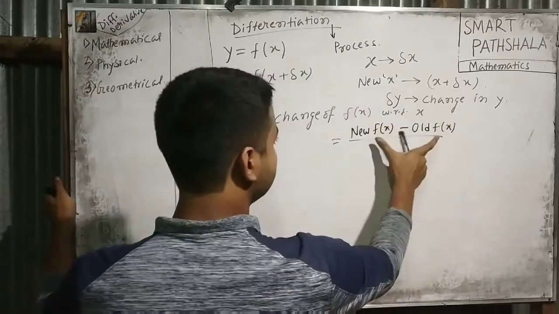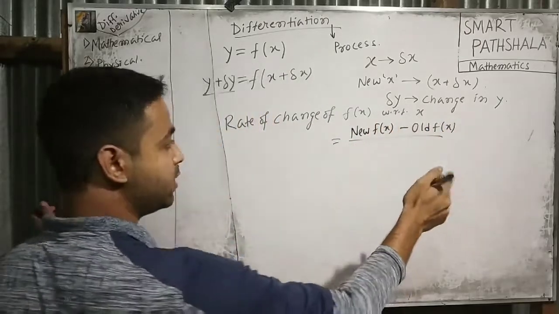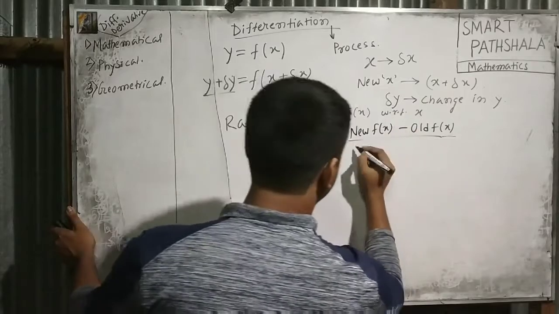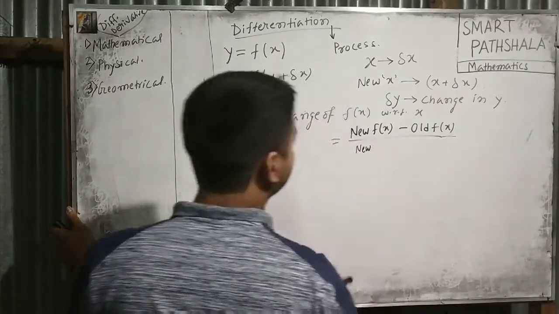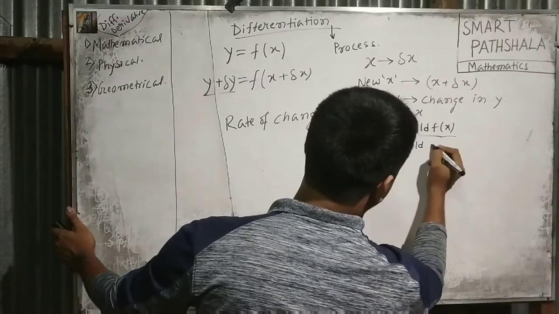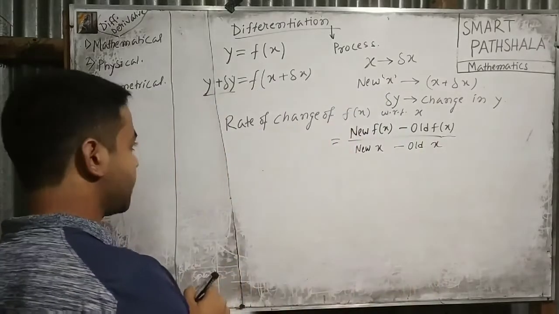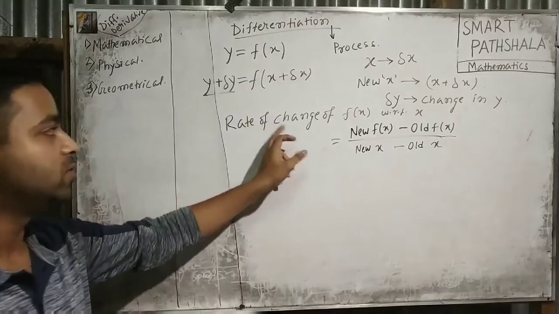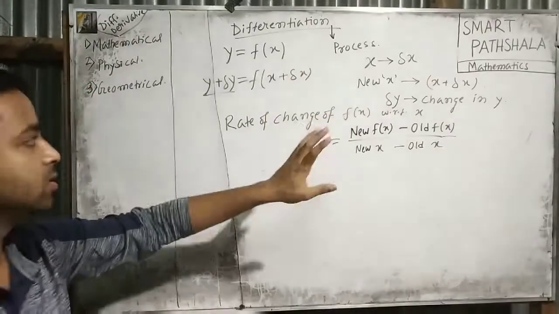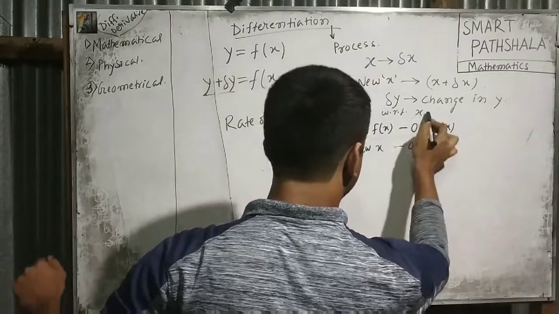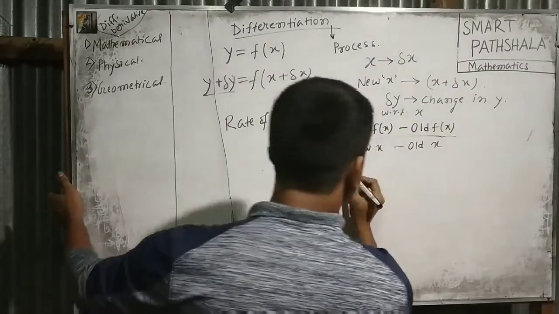Hence we will get the change, new f of x minus old f of x. Then we will write new x minus old x, right? Because we are calculating the rate of change of f of x with respect to x, change of f of x, that is change of this with respect to change of this, right?